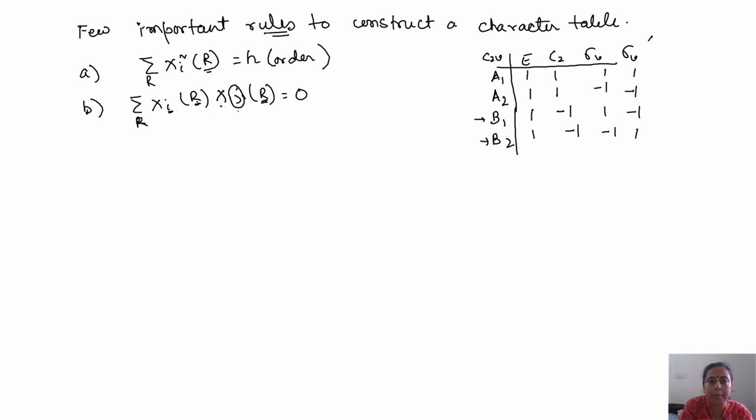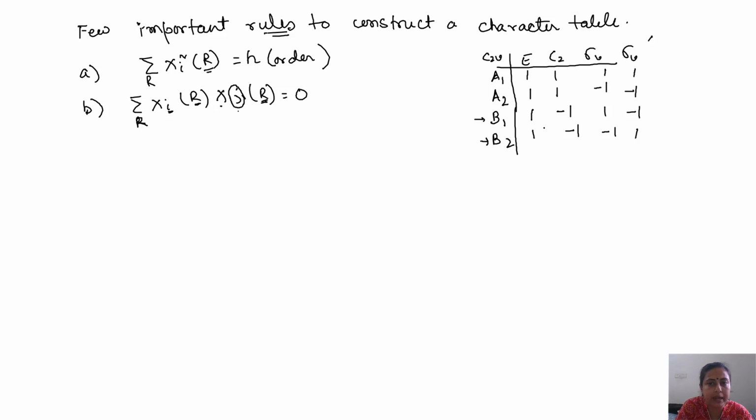Character of any particular symmetry operation of the ith irreducible representation. So under the E operation, B1 has a character of 1, which is being multiplied by the character of the other irreducible representation under the same symmetry operation. So 1 into 1.